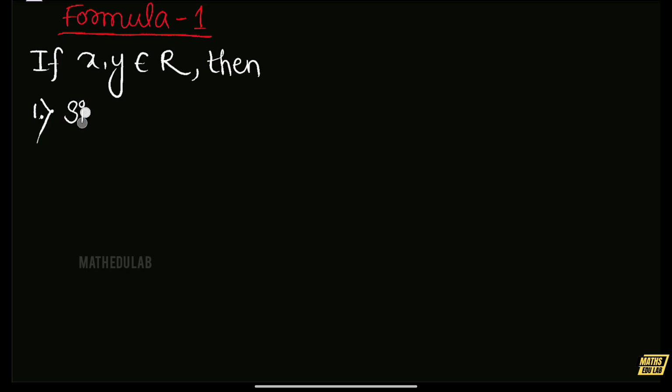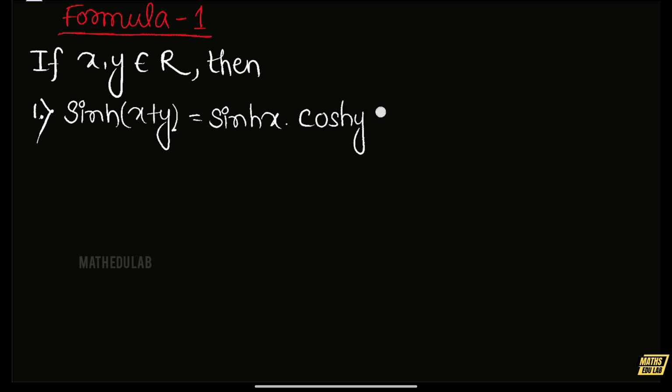So sine hyperbolic of x plus y is equal to sine hyperbolic x into cos hyperbolic y plus cos hyperbolic x into sine hyperbolic y.